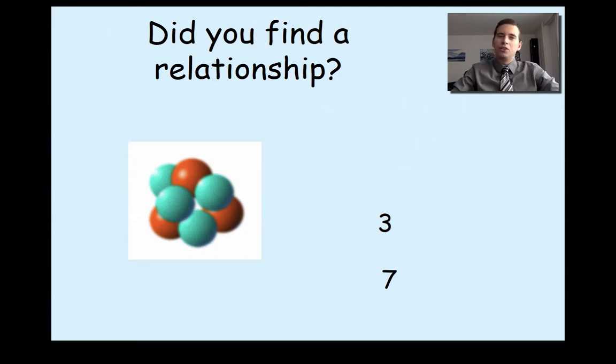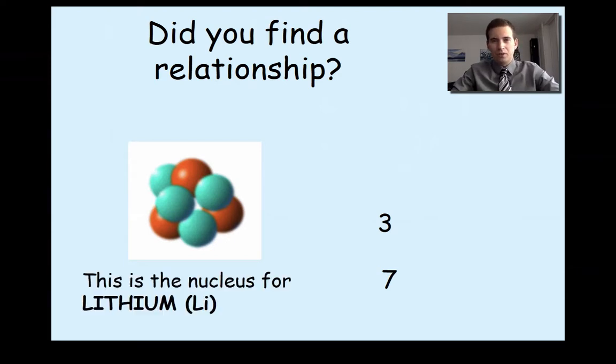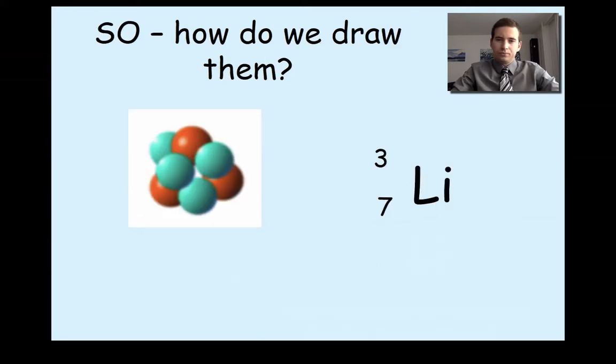Hopefully, you either remember or you can work out the relationship between them. So this is actually the nucleus for lithium. And hopefully you'll recognize that these are the numbers you would get with lithium on the periodic table. So, what is this relationship?